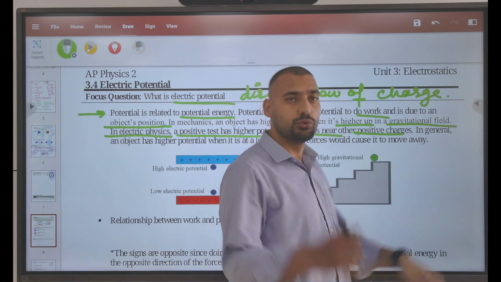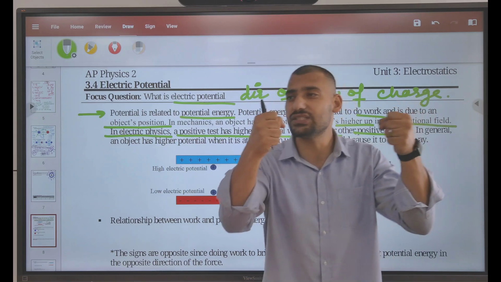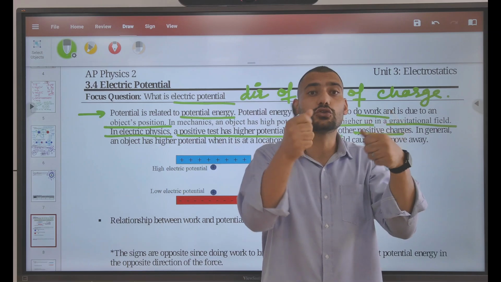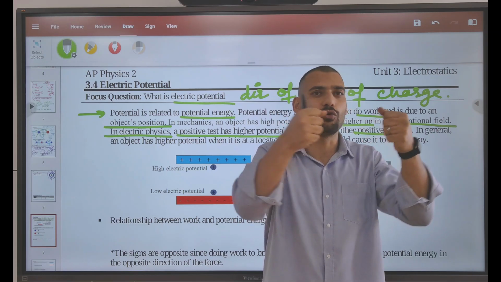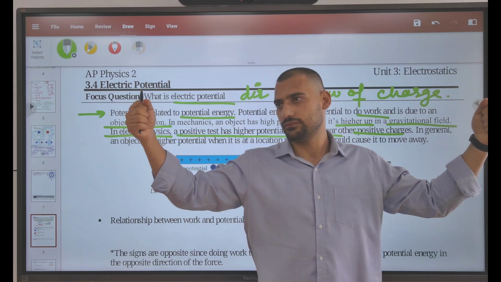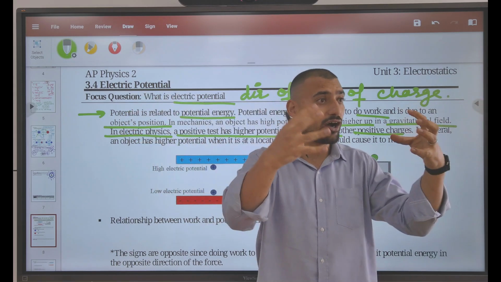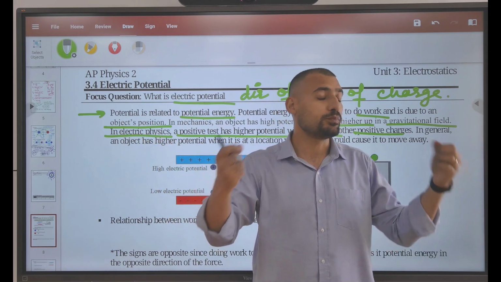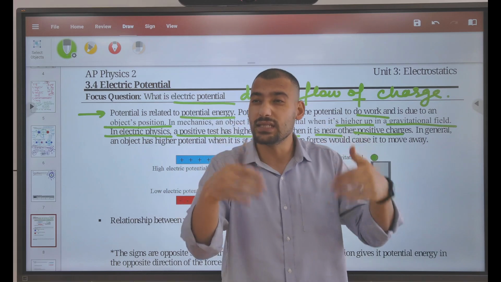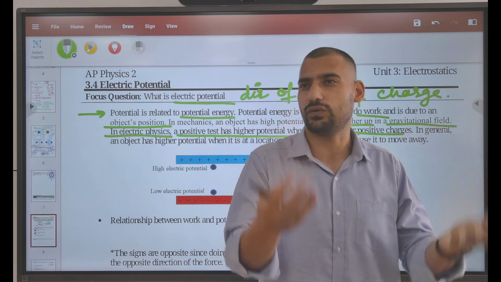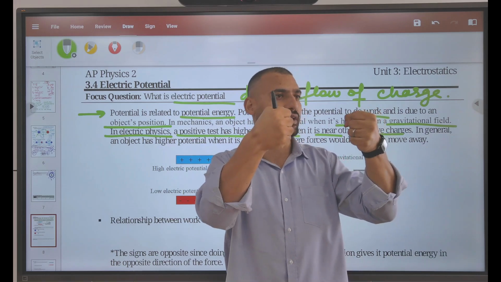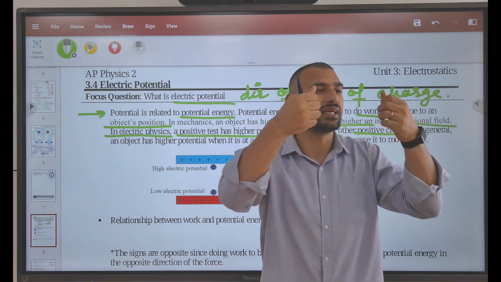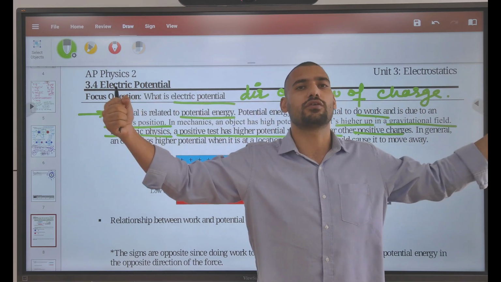When two charges of similar nature are very close to each other, both of them have the tendency to do work. Do you know what the work is? To go away from each other. So they have potential energy, that's why they repel. Is that fine? So potential energy is the potential to perform work. When two positive charges are very close, both have the tendency to perform work, and that work is repulsion, going away from each other. Is that fine?